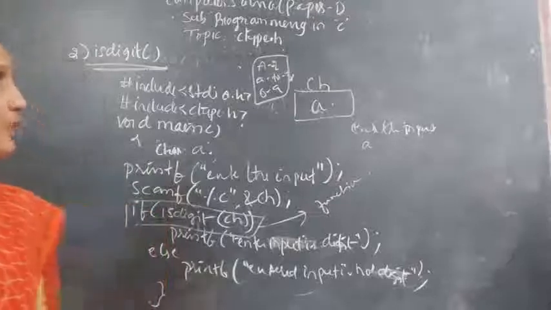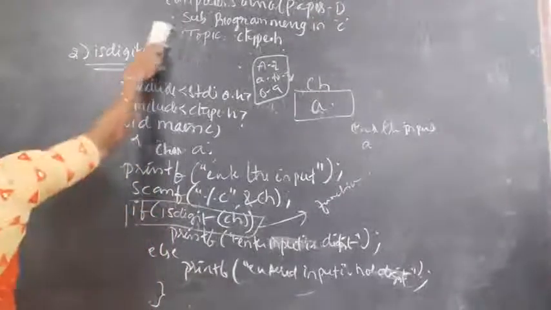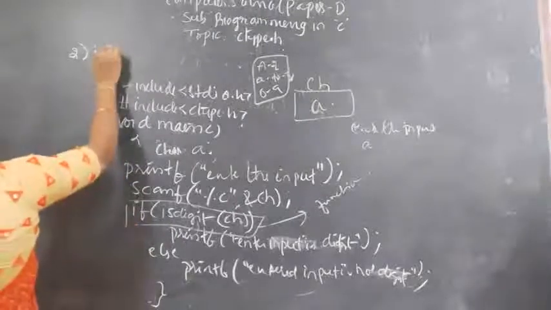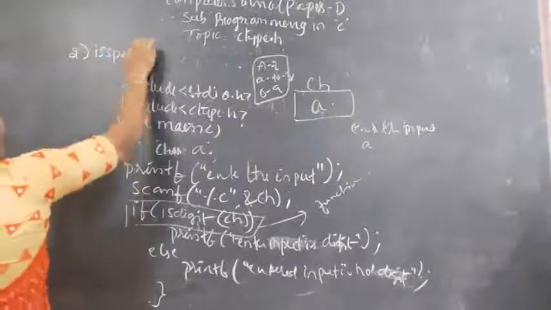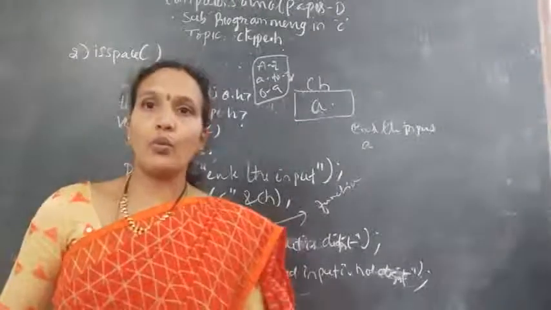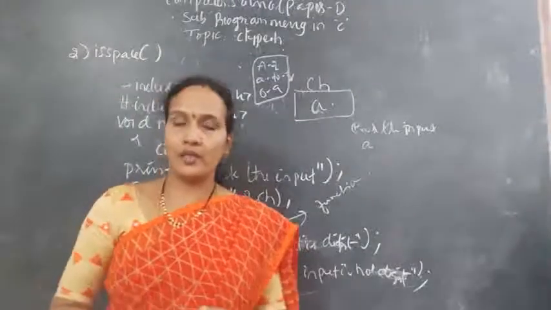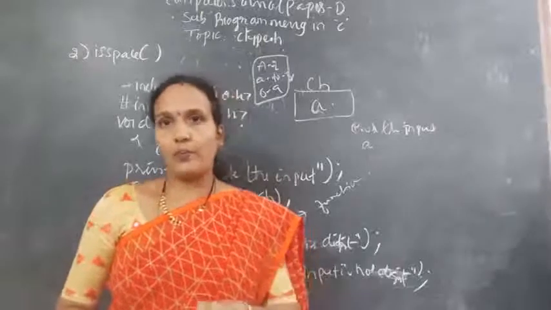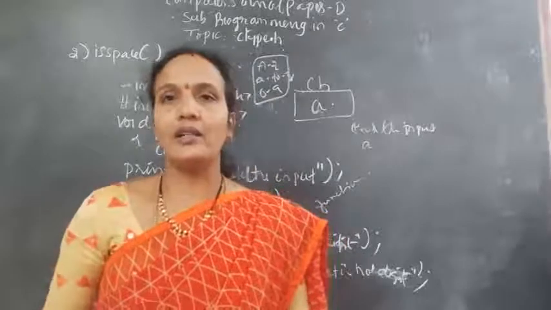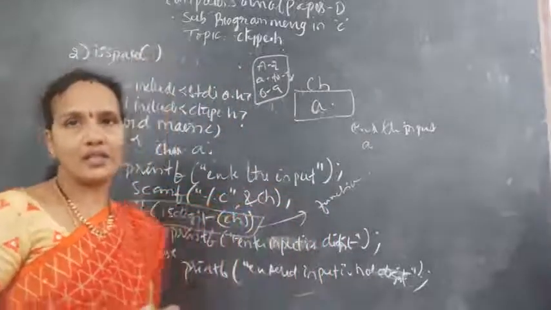And what is the next function? Isspace. Isspace means it will check whether the given input is a space or not. If it is the space bar, it will give true. Otherwise, it will give false.